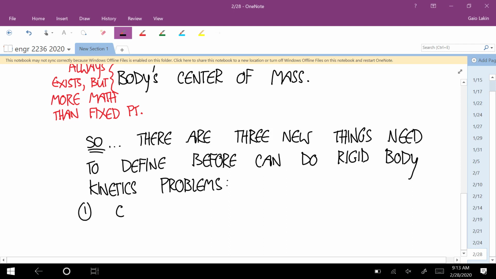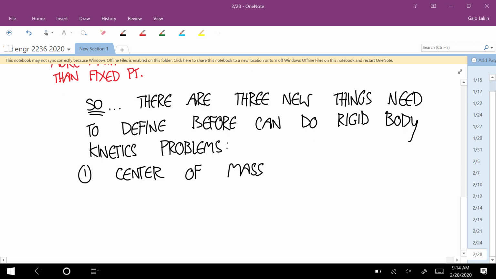The first one is the center of mass. That's easy for very symmetric shapes, squares and rectangles and circles. You have a pretty good sense of what that is. The centroid, the center of mass, is just the geometric center of it. But for more complicated shapes, we're going to have to actually calculate that.